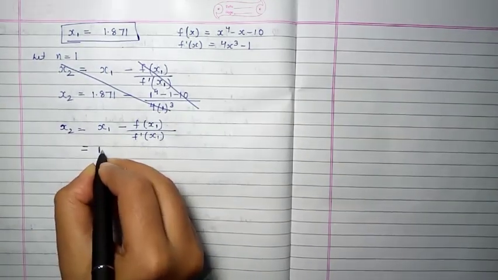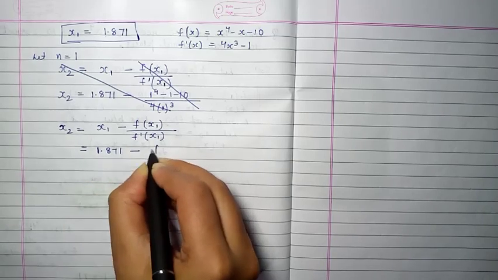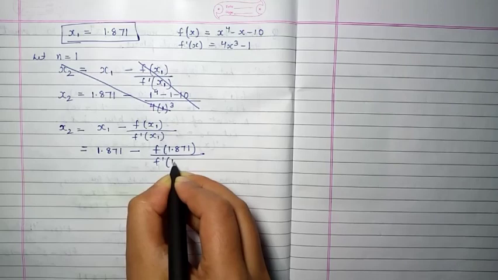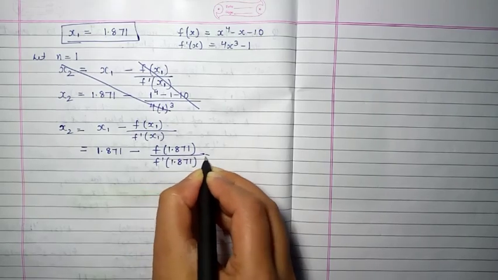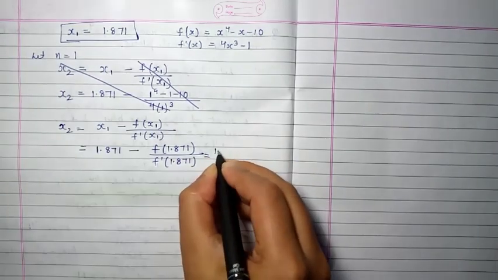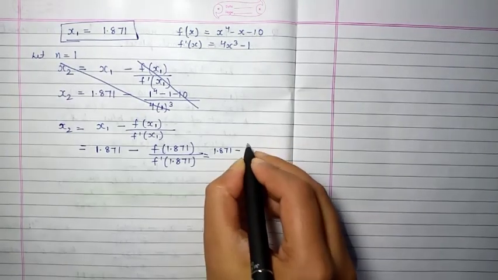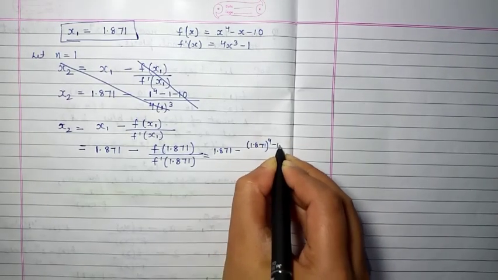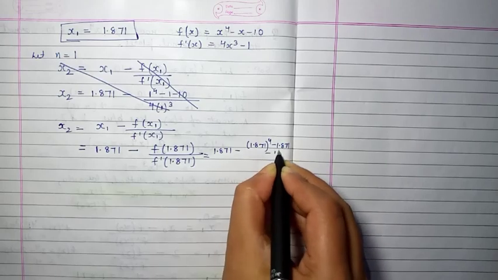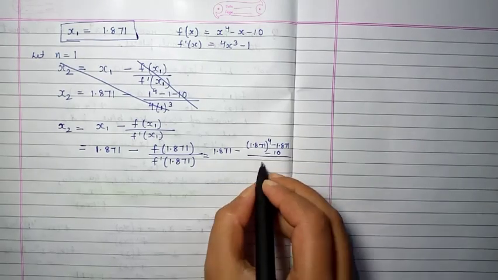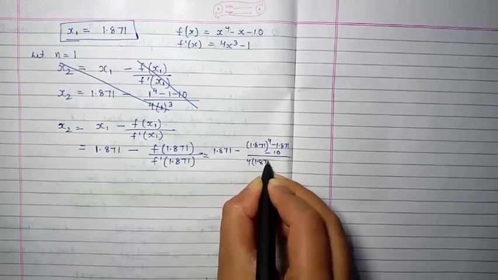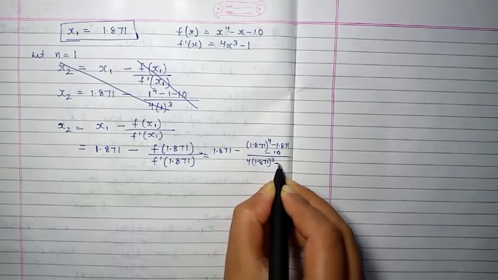It will become 1.871 minus 1.871 to the power 4 minus 1.871 minus 10 divided by 4 times 1.871 to the power 3 minus 1.